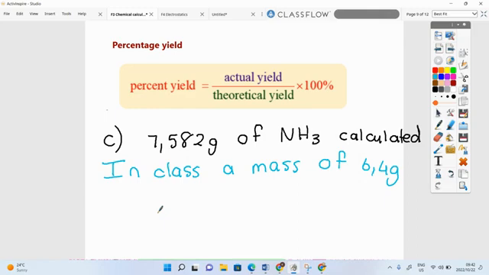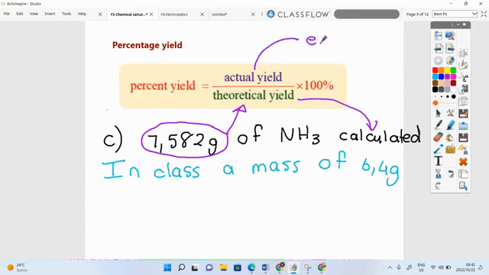What was he supposed to get? Why some of you swap this around is a mystery. This is what he was supposed to get. That is the theoretical value. So the theoretical value is always what you calculate. The actual yield is what you got in the experiment, in real life.